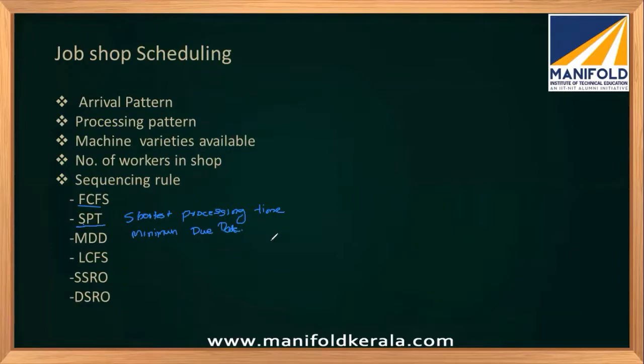Based on that due date, we calculate reversely, in the opposite direction, and find out which job has to be done and at what time my particular job has to be finished. So it could be based on the minimum due date. Whichever is the minimum will be given priority, so that task will be done first. That also can be one criterion.